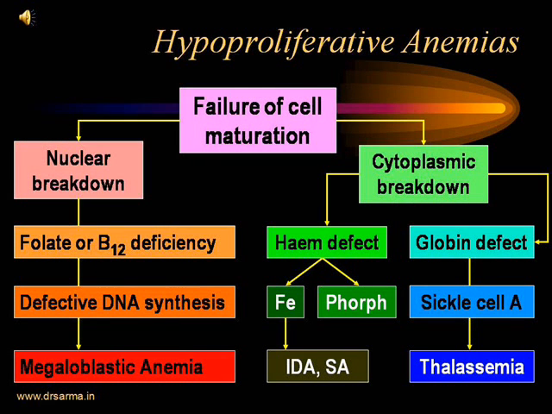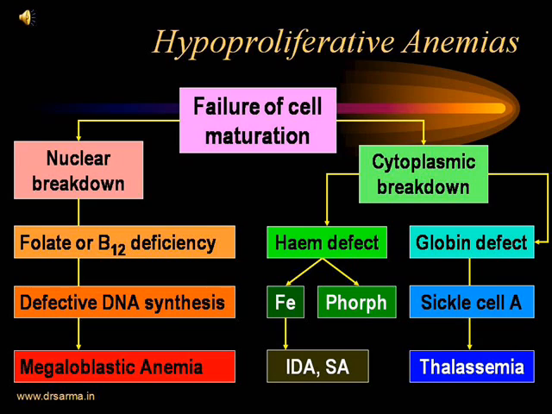Let us now understand this flowchart on hypoproliferative anemias. Hypoproliferative anemias means there is a failure of red cell production and red cell maturation in the factory, the bone marrow. This failure on the part of the bone marrow to produce the required number of red cells can be due to a failure in the nuclear maturation or the cytoplasmic maturation.